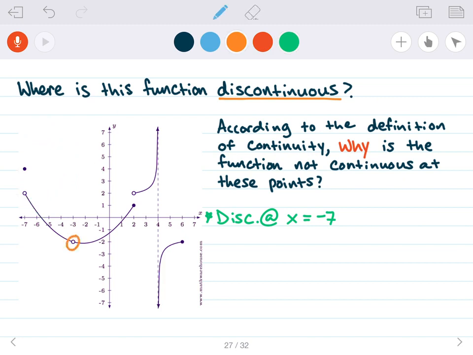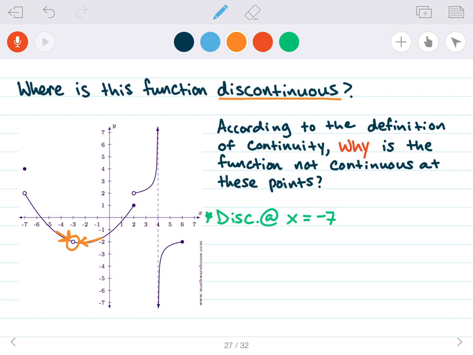All right, let's look at the second one. Now we have a hole right here, and it turns out that both from the left and the right, we're going to this y value of, looks like y equals -2. But what's the problem here with our continuity definition? The problem is that at x equals -3, this function is not defined anywhere.